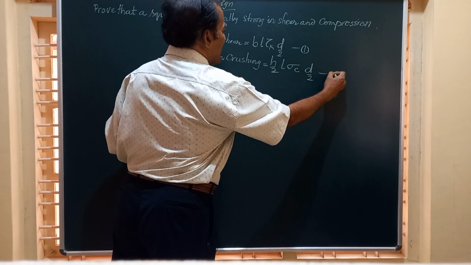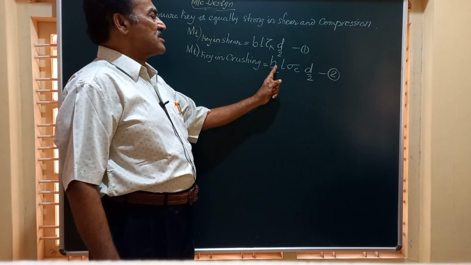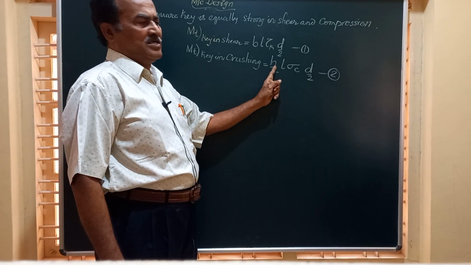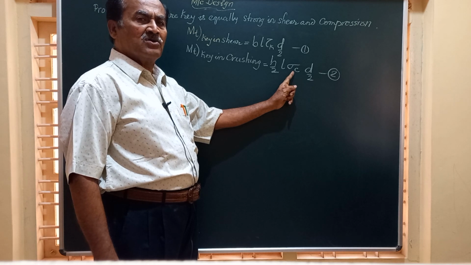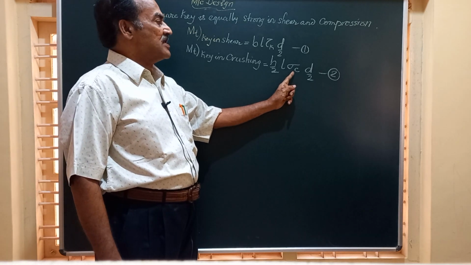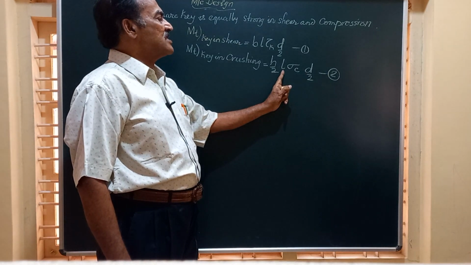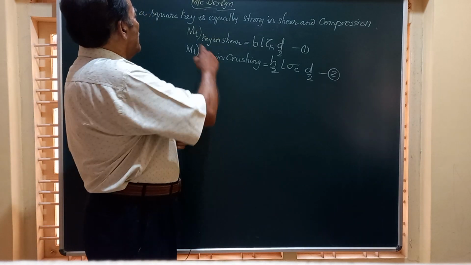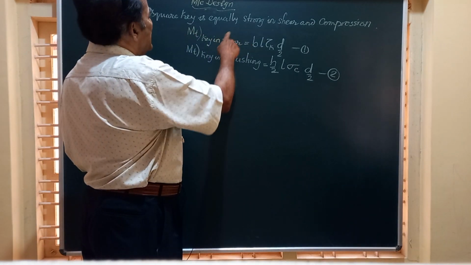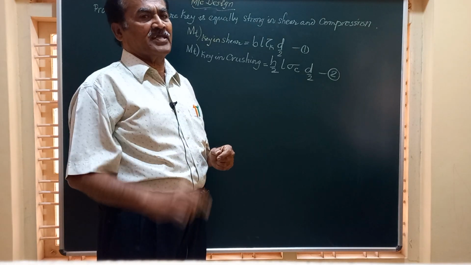Let us number it as expression number 2, wherein h stands for the thickness of the key and sigma c is the compressive stress for the material of the key. D is the shaft diameter, and as usual, L stands for the length of the key. Friends, we have been asked to prove that these two expressions are the same for a square key.